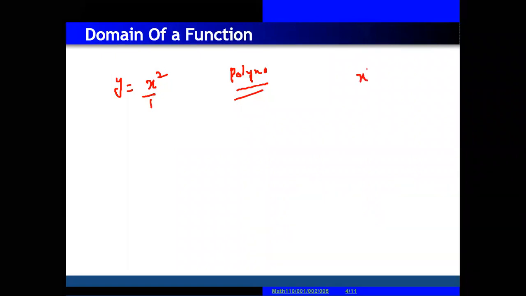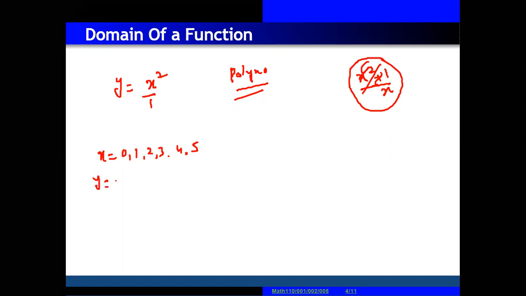If we have an equation like x plus 1 divided by x, then this is called a rational function. First we have the polynomial function, and for a polynomial function the domain will be from minus infinity till plus infinity, because same here you can give x equal to 0, 1, 2, 3, 4, 5.